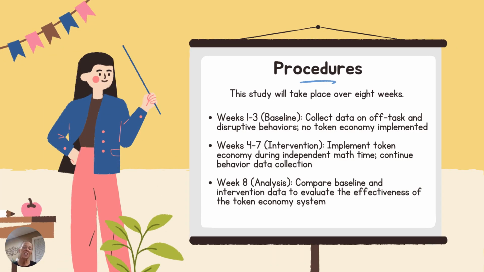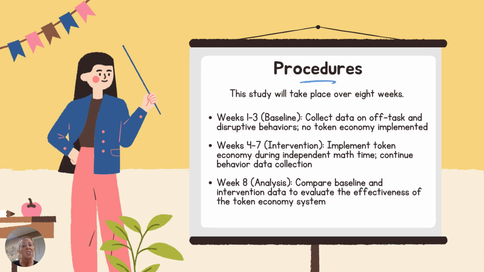So these are the procedures on this slide, and the complete study takes place over 8 weeks. The first 3 weeks I just observe to get baseline data. So weeks 1 through 3 is where you obtain the baseline, and that's just collecting data on off-task or disruptive behaviors. At this point in time, there's no token economy system being implemented.